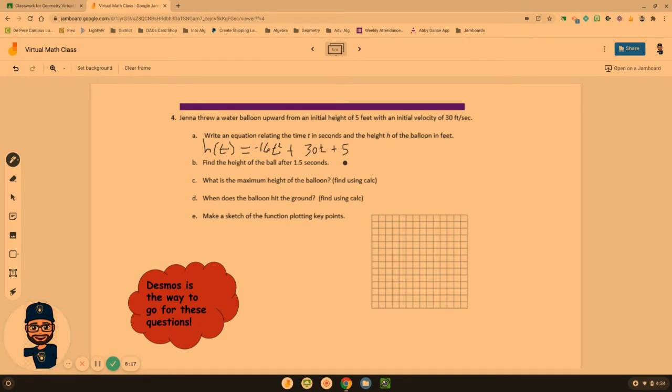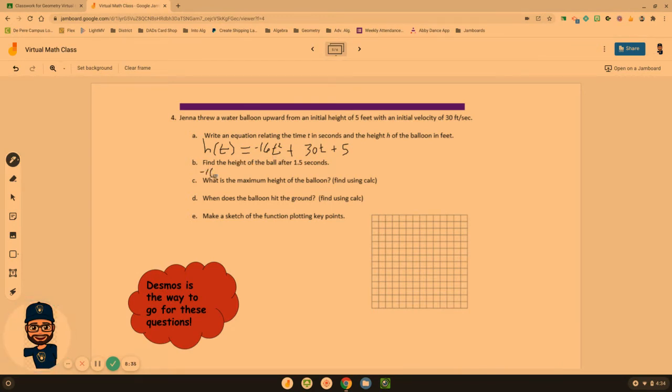That's going to help us graph, and it's going to help us figure out question number 2. Find the height of the ball after 1.5 seconds. Find the height. That means we need to plug 1.5 in for all of these t's and then evaluate.